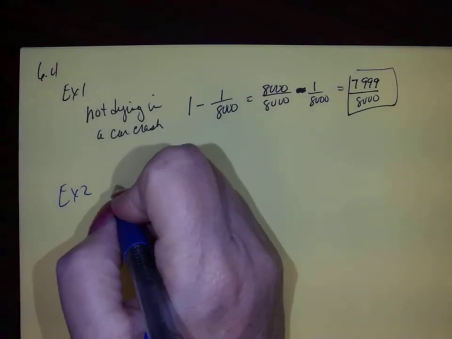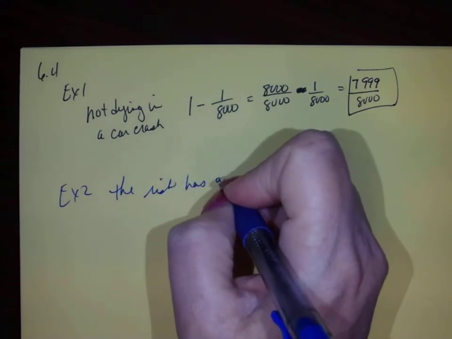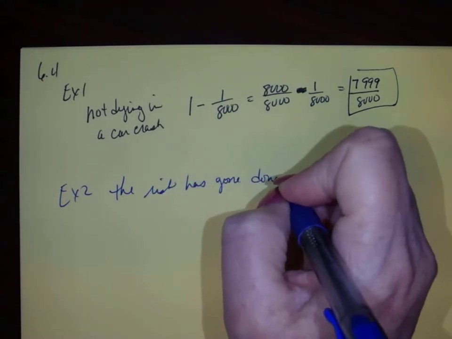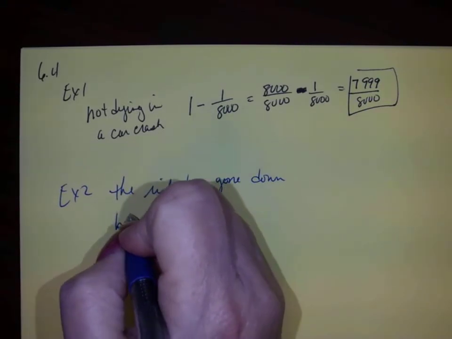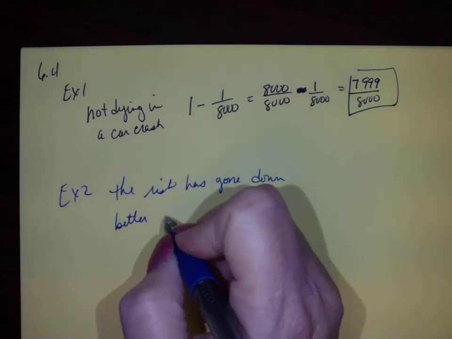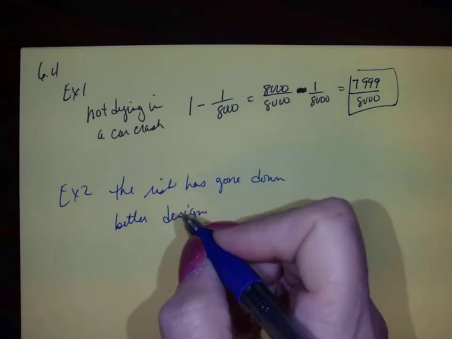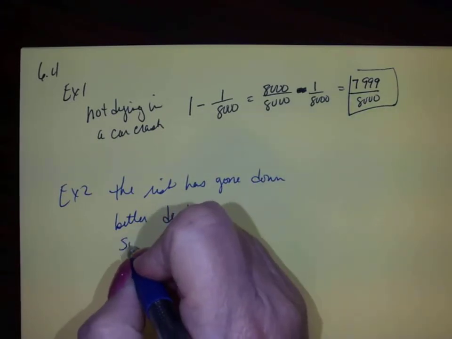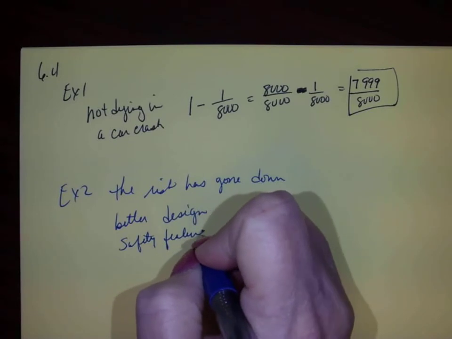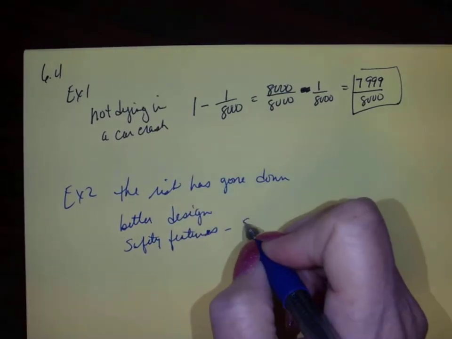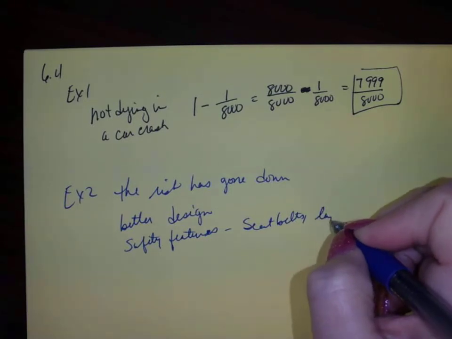So the risk has gone down, and it's most likely due to better design and safety features. So seat belts, lap belts.